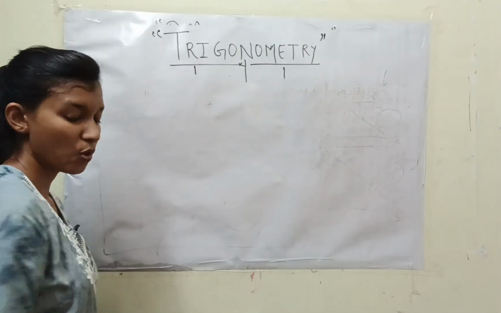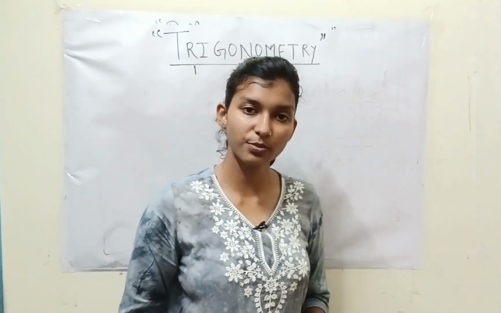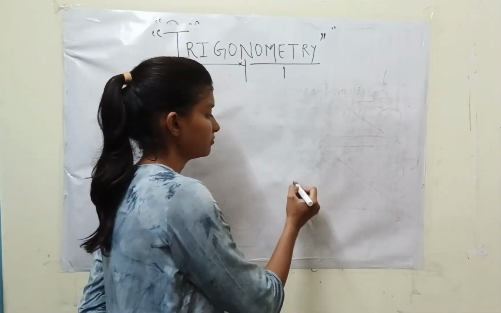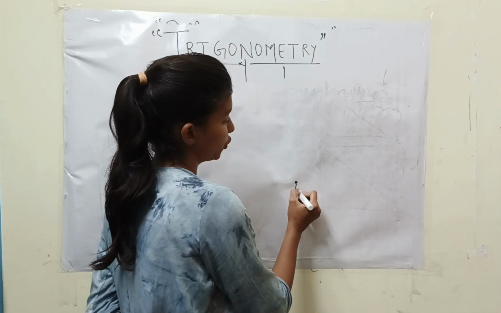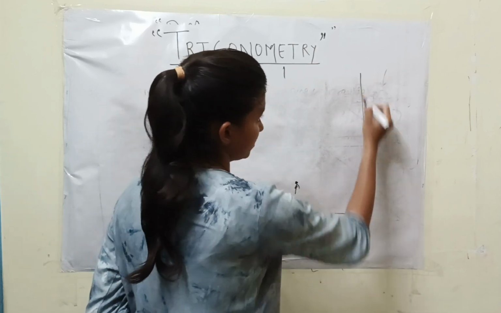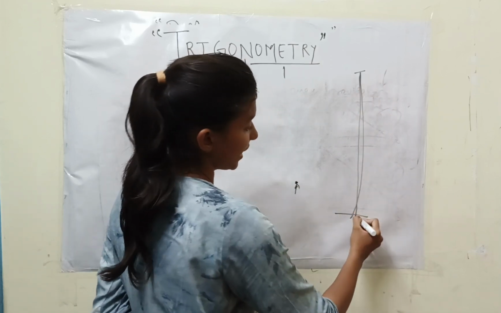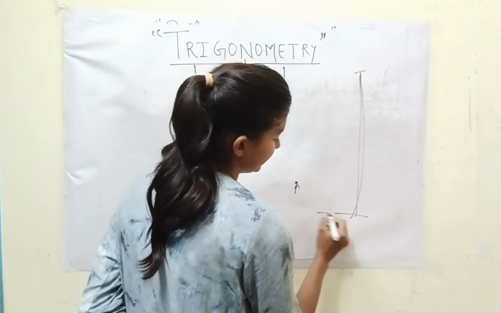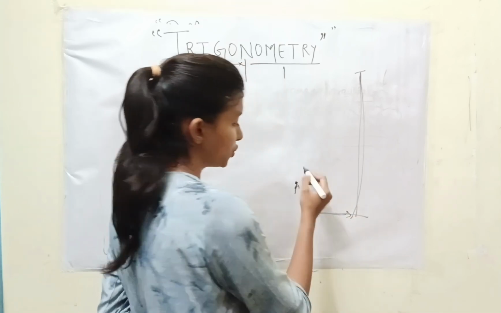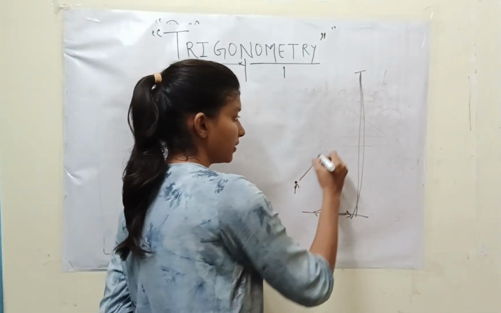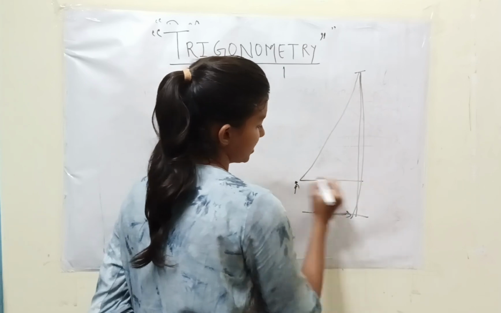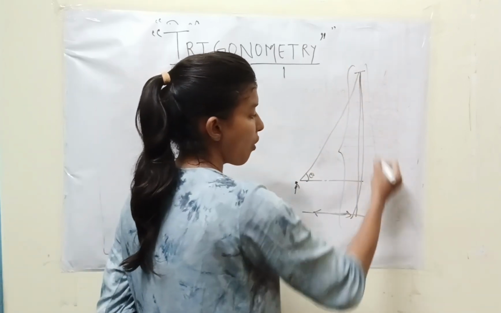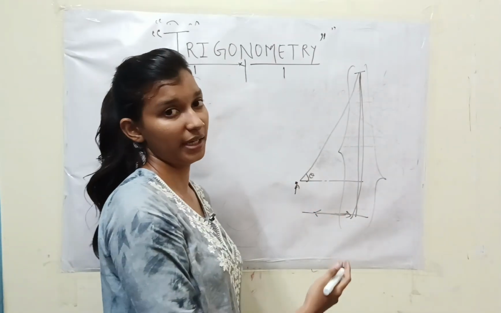Now, moving on to some real life examples of trigonometry. What is the use of trigonometry in real life? Suppose here is a photographer and here is a tall building, and he has to take a photograph of this building. Then how can he find at which distance he should stand, and at what angle he should set his camera, so that he can click the picture of this whole building?